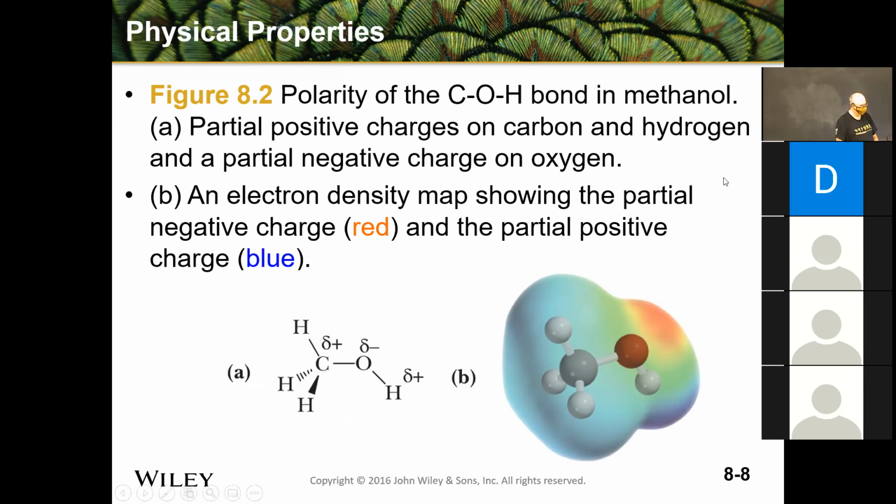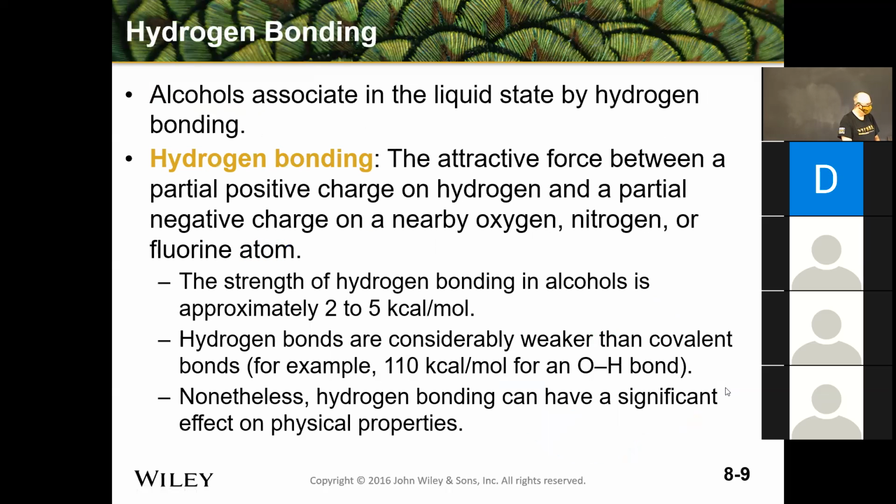So here's the electrostatic potential map. The oxygen shows an electron-rich region. Okay, and then the other side represents an electron-poor region. The hydrogen on the oxygen, you can see this is a blue region. That is a partial positive region.